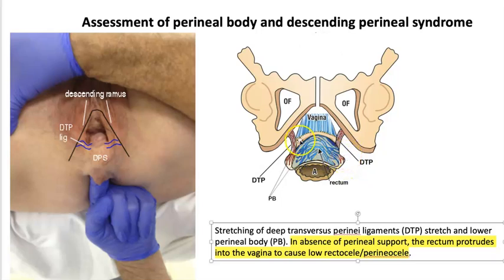Due to birth trauma, these are stretched and elongated and pushed laterally. The perineal body is pushed laterally. So the rectum protrudes to cause perineocele and descending perineal syndrome.